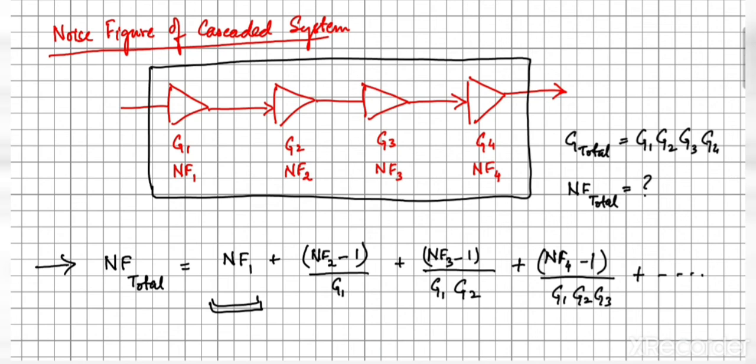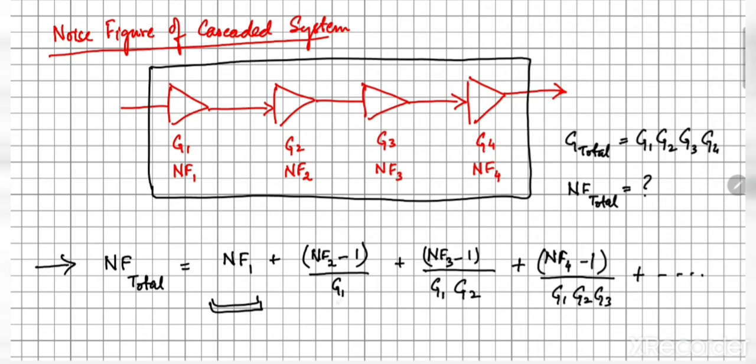So we can readily see that the overall noise figure of the cascaded system cannot be less than the noise figure of the first component. The noise figure of the subsequent components is downscaled by the amplification factors that are there until that component.